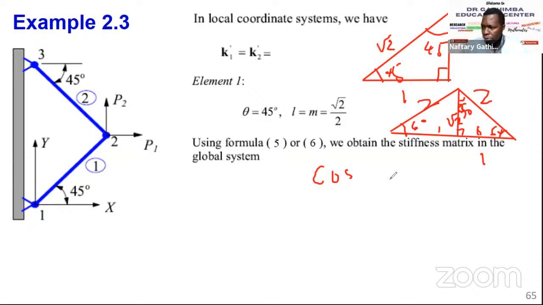Yeah, the first one is root 2, and then the other one for the triangle would be the root of 2 squared minus 1 squared. This one would be root 3. I was refreshing my memory.